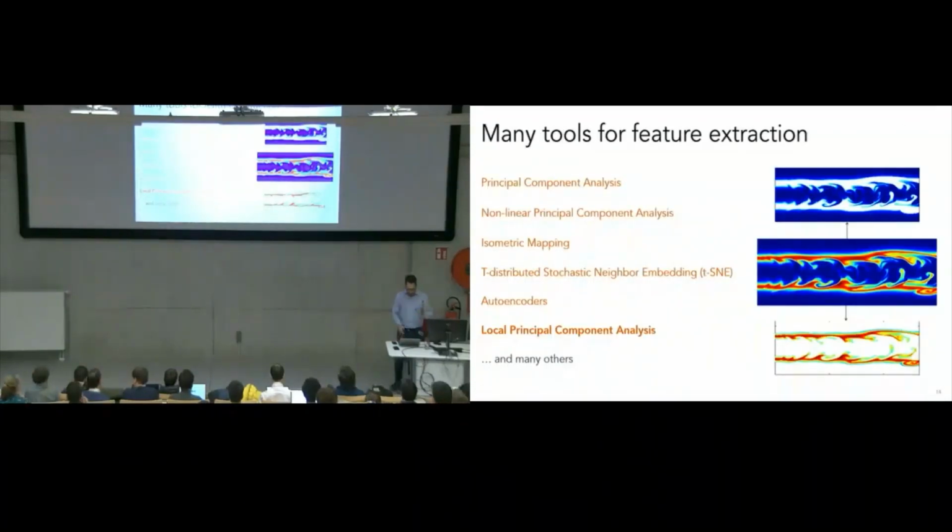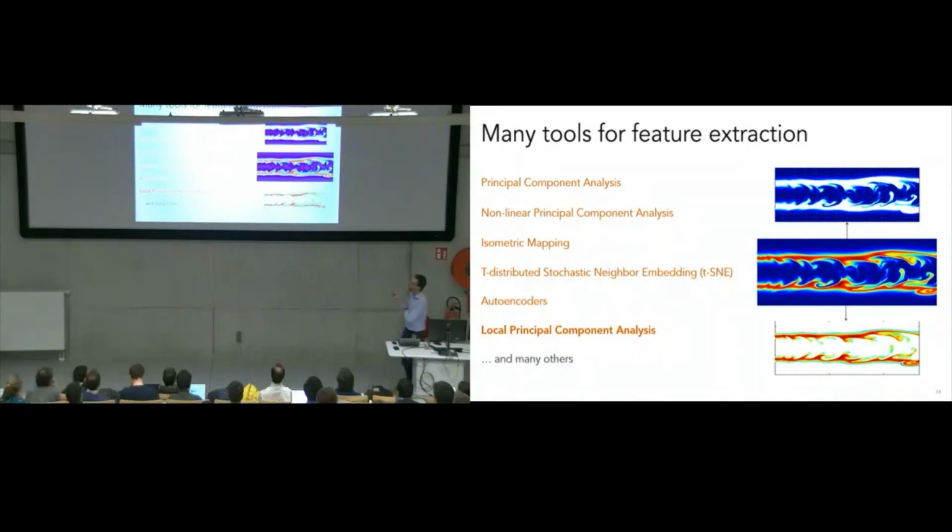Okay, so many tools for feature extraction. Many of them have been mentioned during this week. So PCA or POD, nonlinear principal component analysis, isometric mapping. Has anyone used ISOMAP? Do you know what it is?